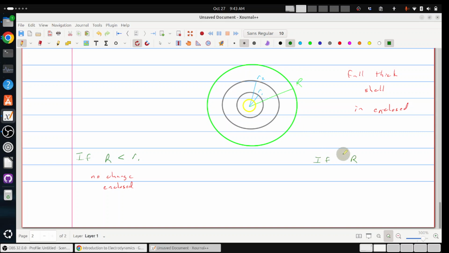If my R is between those 2 radiuses, only part of the shell was enclosed, and I would really integrate from R1 to R, capital R.